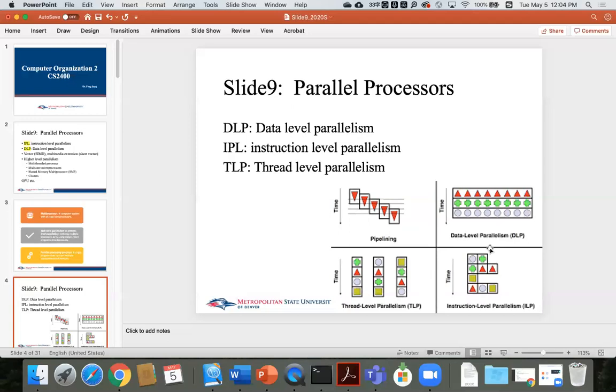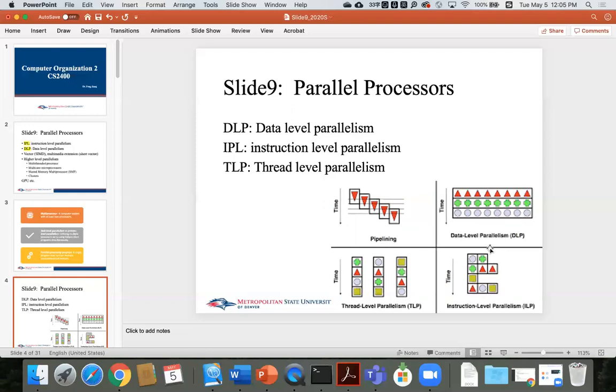For example, if you are processing a few numbers all together, and each of them is 8 bits long, or 32 bits long, but you're doing exactly the same calculation on quite a few different data at the same time, this kind of technique is called data level parallelism. So a vector machine is a perfect example of data level parallelism.